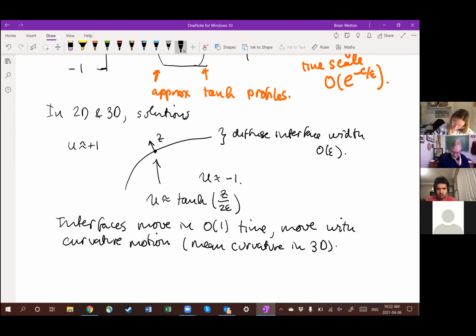So, right, you can sort of see that this thing is curved this way, and so this interface would move with normal velocity equal to the curvature.